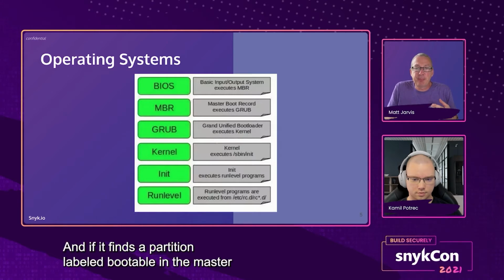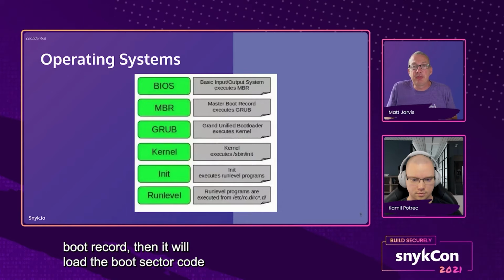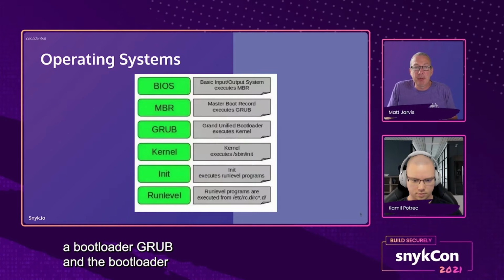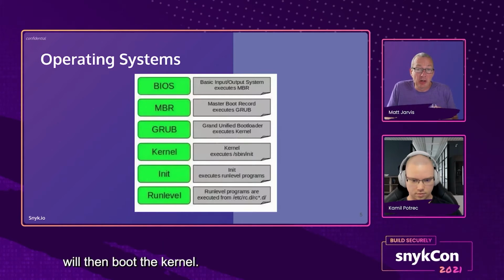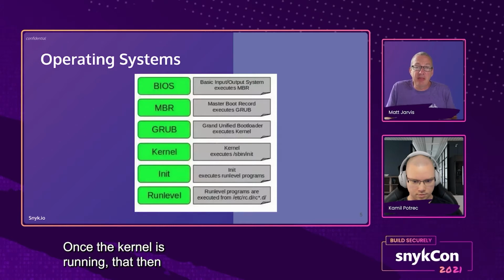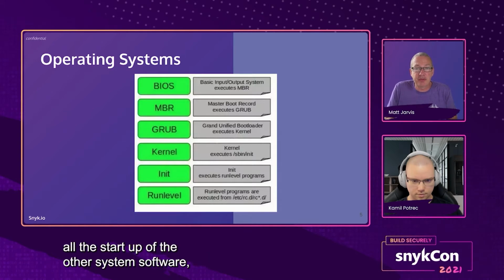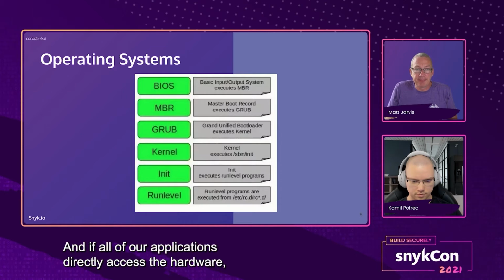And if it finds a partition labeled bootable in the master boot record, then it will load the boot sector code from that partition, in this case, a bootloader, GRUB, and the bootloader will then load the kernel, boot the kernel. Once the kernel's running, that then will load an initialization daemon, which then handles all the startup of the other system software, and the system is then up and running.